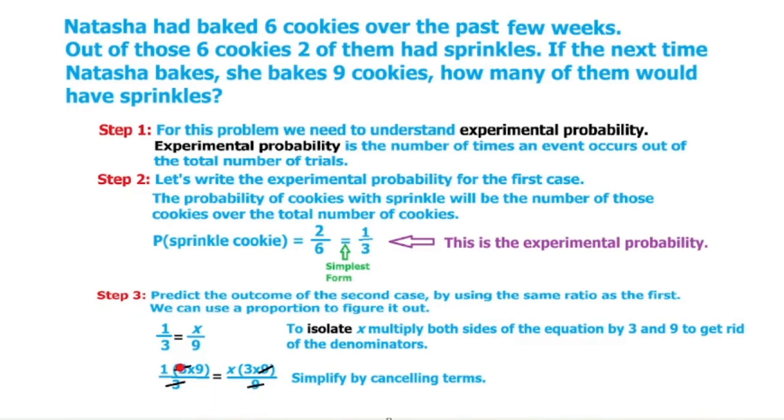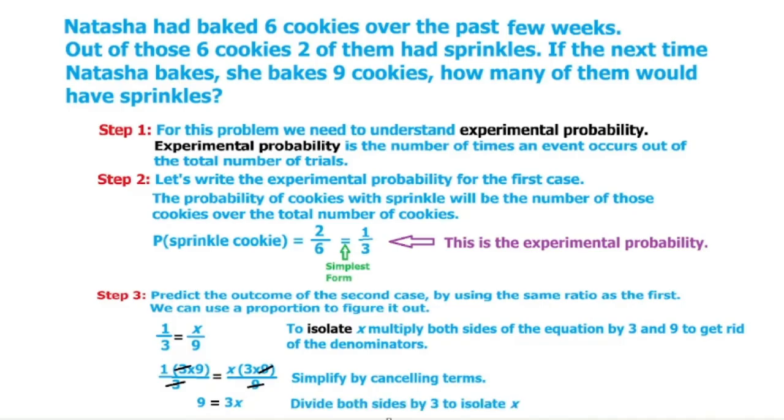So on this side, we can get rid of the 3's, and on this side, we could get rid of the 9's because they cancel each other out. 9 over 9 is the same as 1. 3 over 3 is the same as 1. So now we're left with 9 equals 3x, okay?